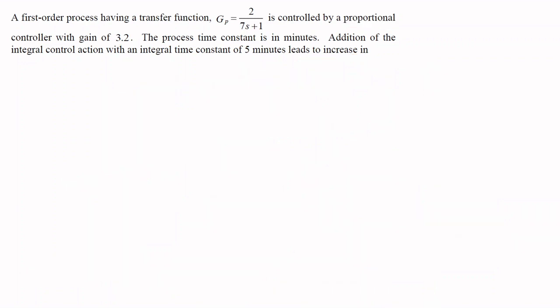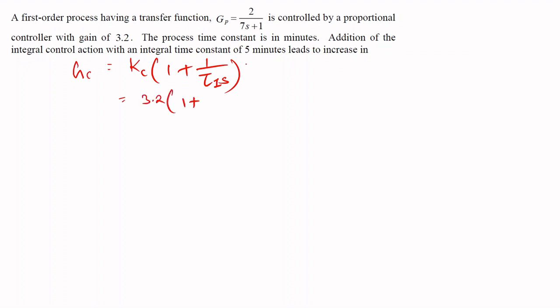Now we are adding an integral control action to this controller with an integral time constant of 5 minutes. Initially it was a P controller, now we are using a PI controller. For the PI controller, the transfer function will become Kc into 1 plus 1 upon tau I s, and this value of Kc will remain the same, 3.2.